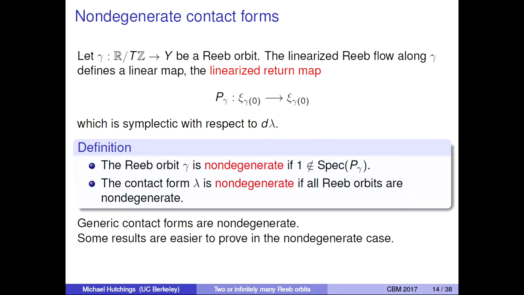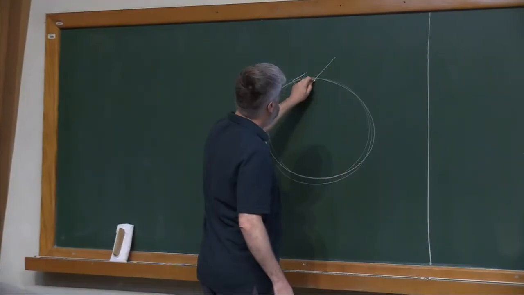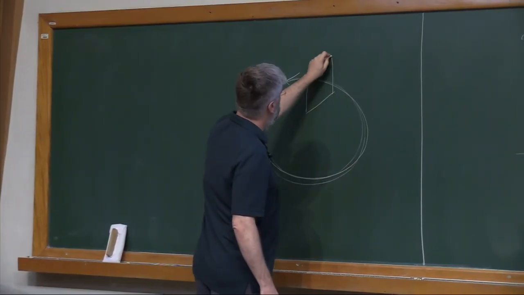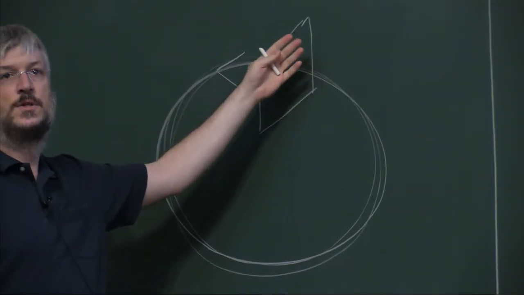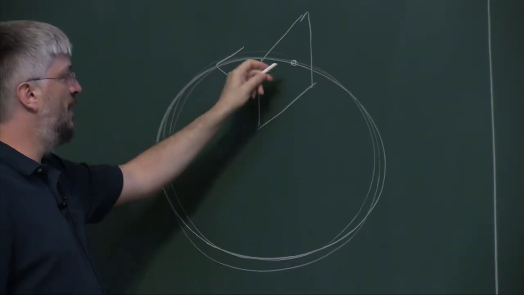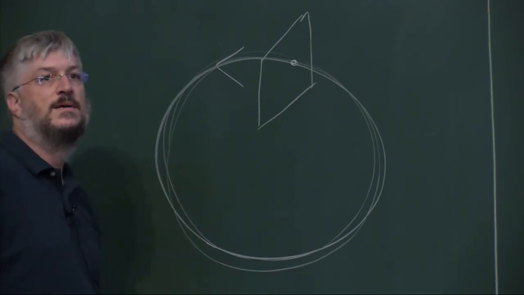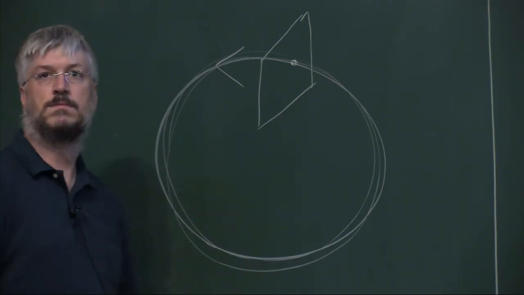Basically, non-degenerate means that the Reeb orbits are cut out transversely in an appropriate sense. So if I have a Reeb orbit, I can take a normal plane to the Reeb orbit in the tangent space at a point in the Reeb orbit, and I can look at the linearized flow.